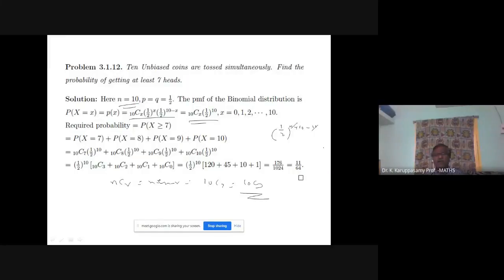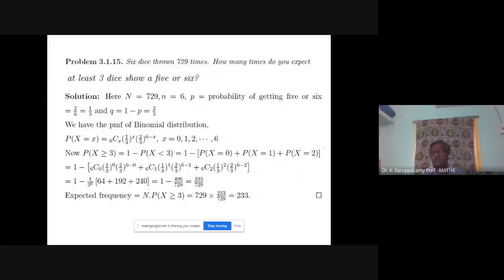You add, so you get 176 divided by 2 power 10. 2 power 10 is 1024. Cancelling, we get 11 by 64. When 10 coins are tossed, this is the probability for at least 7 heads.